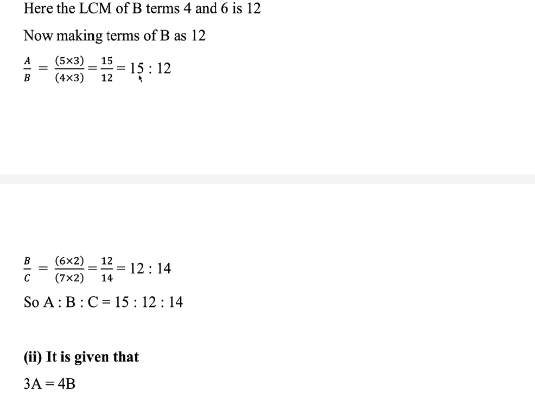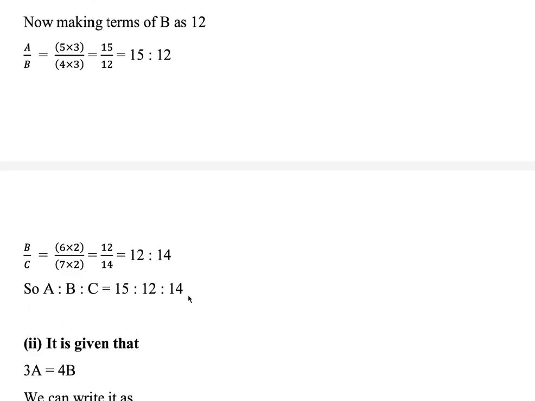So see, 15 is to 12, 12 is to 14. So the middle part we have to match, that is our main objective. So 15 is to 12 is to 14, A is to B is to C. Come to the next problem.